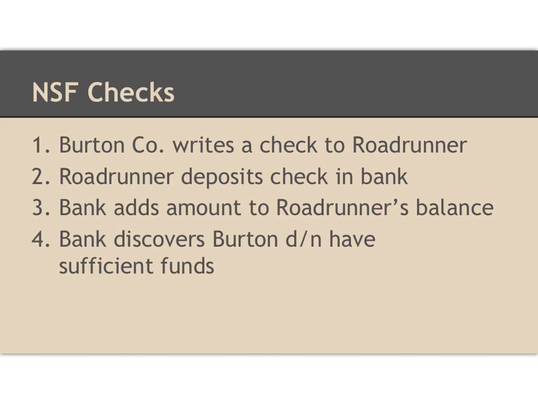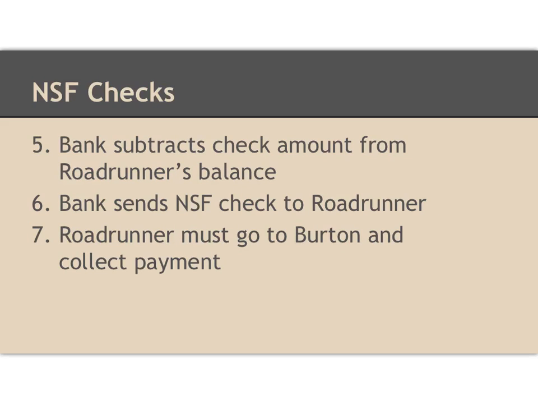It finds out, American National Bank finds out that Burton didn't have enough money. They didn't have sufficient funds. Burton's bank is dishonoring this check because there's not enough money there. So now what? Well, at this point, the bank would subtract the check amount from Roadrunner's balance.